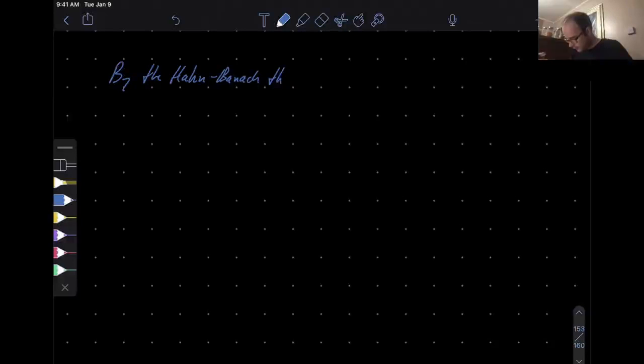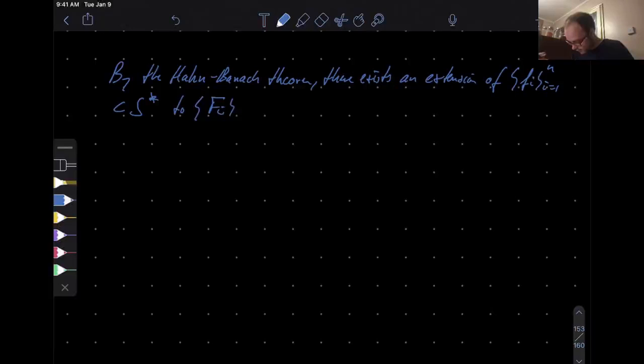By the Hahn-Banach theorem, there exists an extension of fi, i from 1 to n, which are in S star, call it capital Fi, i from 1 to n, acting on the whole space, so that the property Fi of xj is preserved: 1 if i equals j, 0 for i different from j.